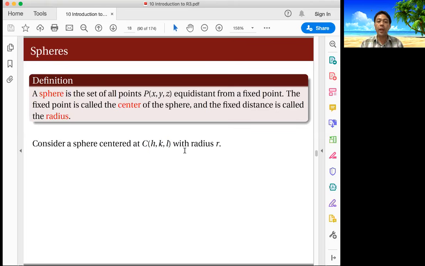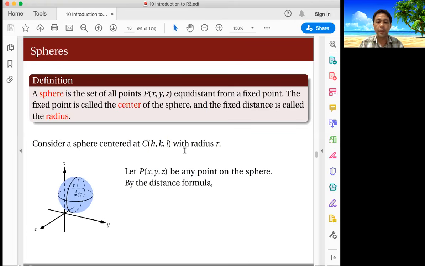Now, we will make use of the concept that if I have a point (x, y, z) on the sphere, its distance from the center is always r. So we just make use of the distance formula. The distance of P from C is given by the square root of the sum of the squares of the differences of the coordinates.